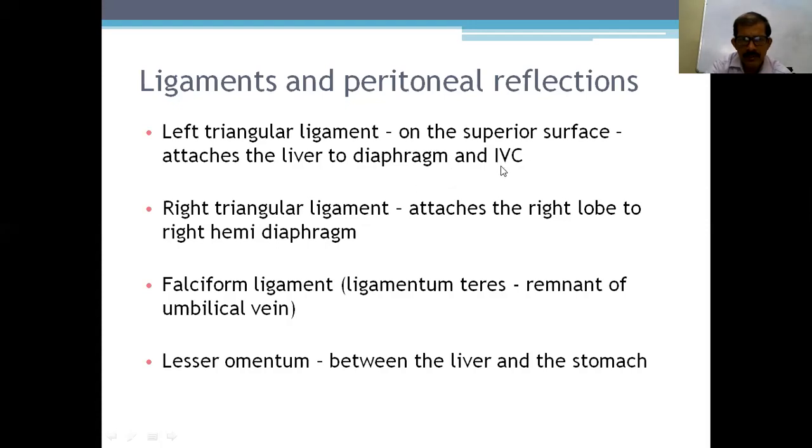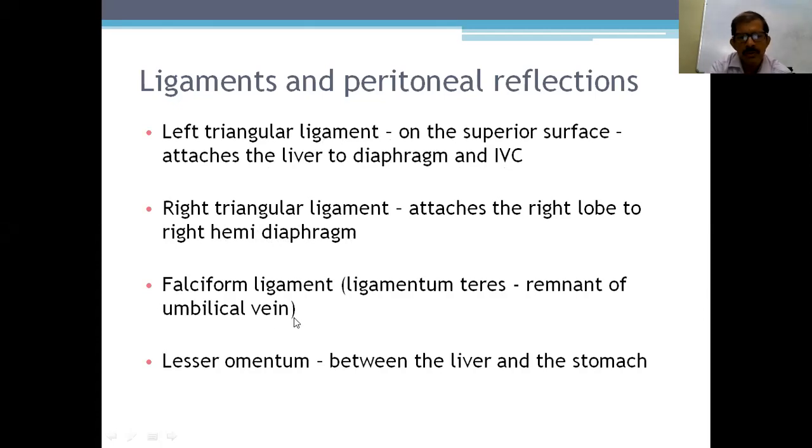The right triangular ligament attaches the liver to the right hemidiaphragm. Though the right triangular ligament attaches to the right hemidiaphragm, the left triangular will not attach to the left diaphragm. That is what is important, so you have to remember that.